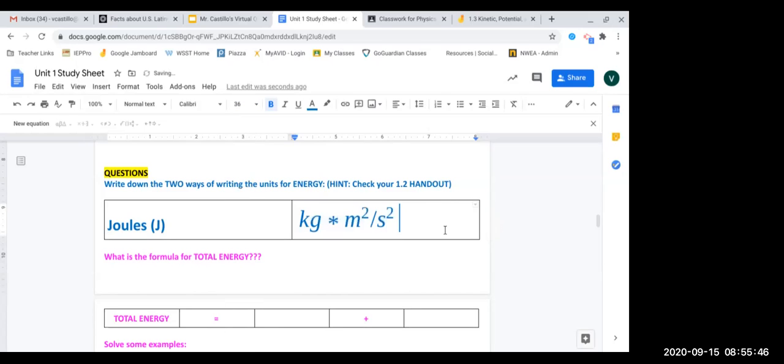Okay. That is the other way of writing the unit for energy. The most common one is joules, but there's also this way of writing it. And the reason I want you guys to know that is because it has the 3 main units we'll be using for physics: kilogram, meter, and second. Okay. I'll give my synchronous students a little bit of time to write those down.